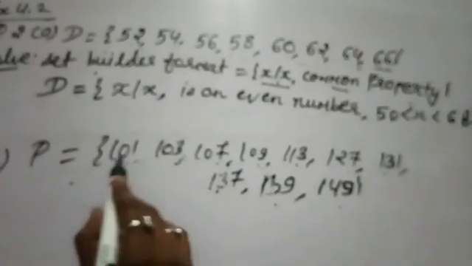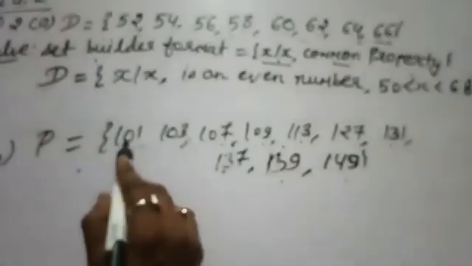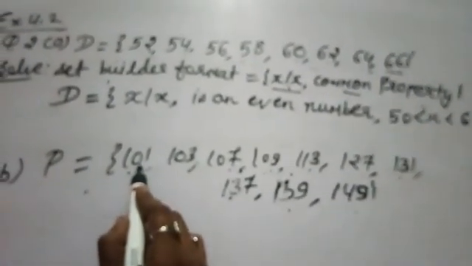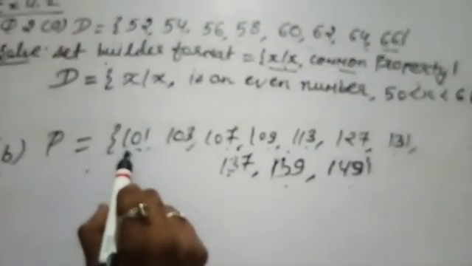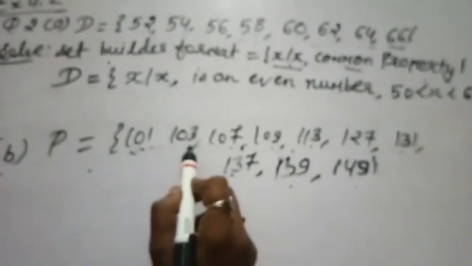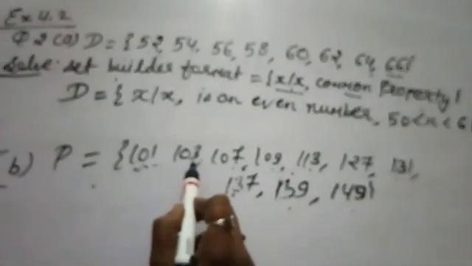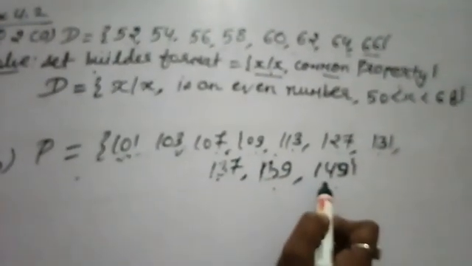All these numbers are prime numbers. A prime number is a number which comes only in the table of 1 and its own number. It means 101 is only divisible by 1 and 101. 103 also comes only in the table of 1 and 103. This is the quality of each of these numbers.